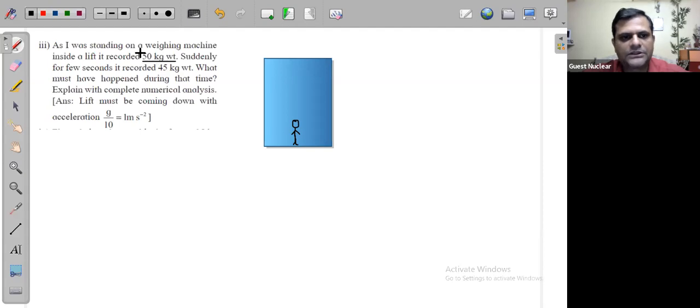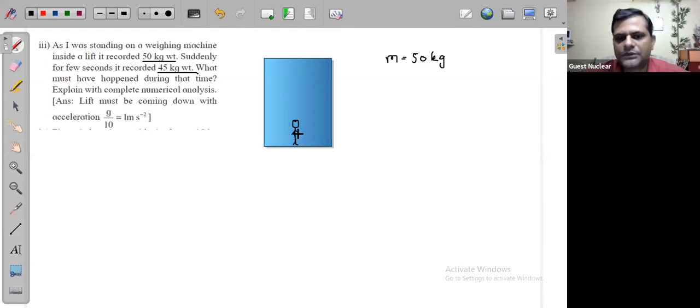ये जो weighing machine शो करता है for a long time is going to be the normal ordinary weight of the person. That means the mass of the person is going to be 50. तो इसका मतलब m is equal to 50 kilogram. ये दिया हुआ है. Suddenly for a few seconds it recorded 45 kilogram weight. What does it mean?